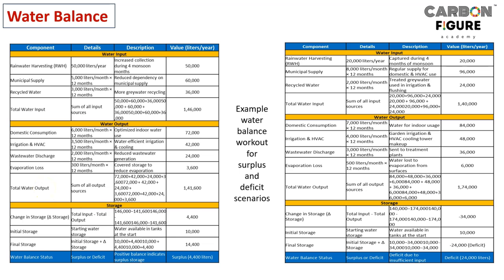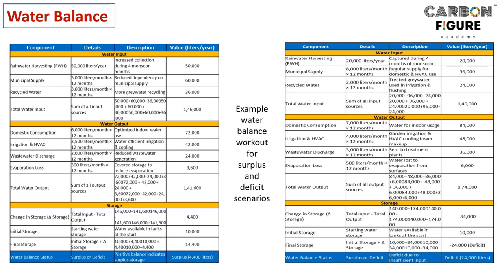On the other hand, in the right side example, we have similar kinds of values for water input and output. In input, we arrive at 1,40,000, and in output, we arrive at 1,74,000. So where is the difference happening?